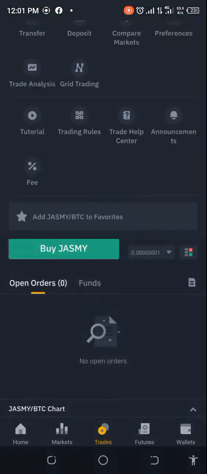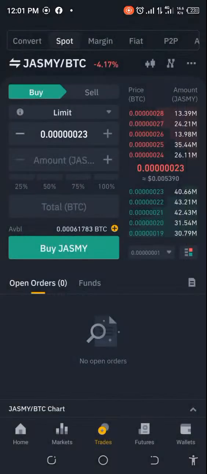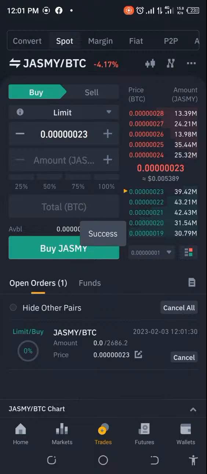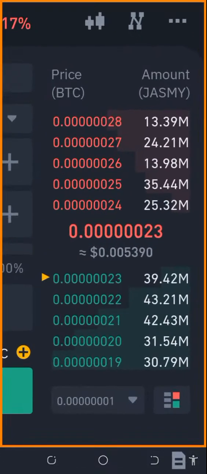I'm going to check one more time just to be sure that everything is still intact. Looks so. And everything I'm doing here, don't forget, is by limit. So I'm just going to take a screenshot of that. Let's go ahead and do this one. So right now we're in queue, and we're going to be checking to see when our order will be sold.